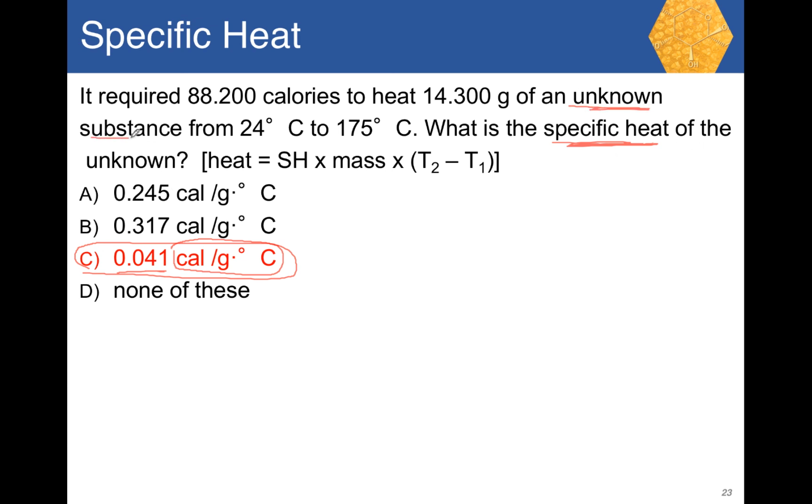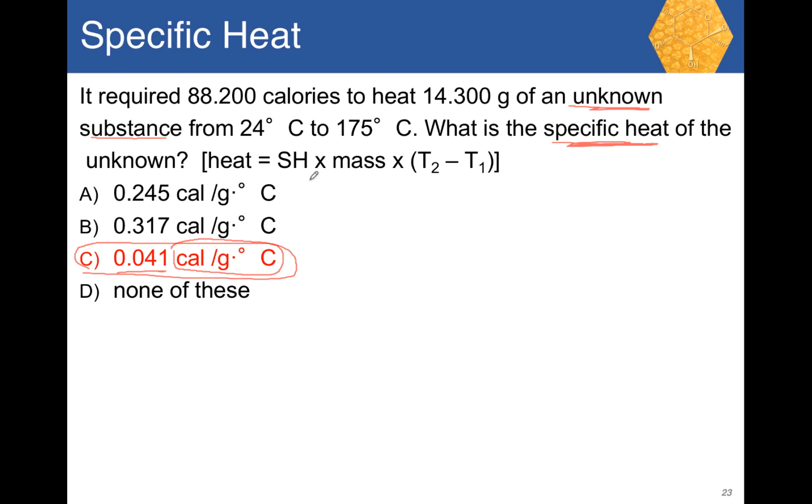I should point out here, because the specific heat is a physical property that's unique to a specific substance, oftentimes in chemistry we can determine what an unknown substance is by calculating the specific heat. So once you determine the specific heat or measure it in the lab, you can determine what the unknown compound is.